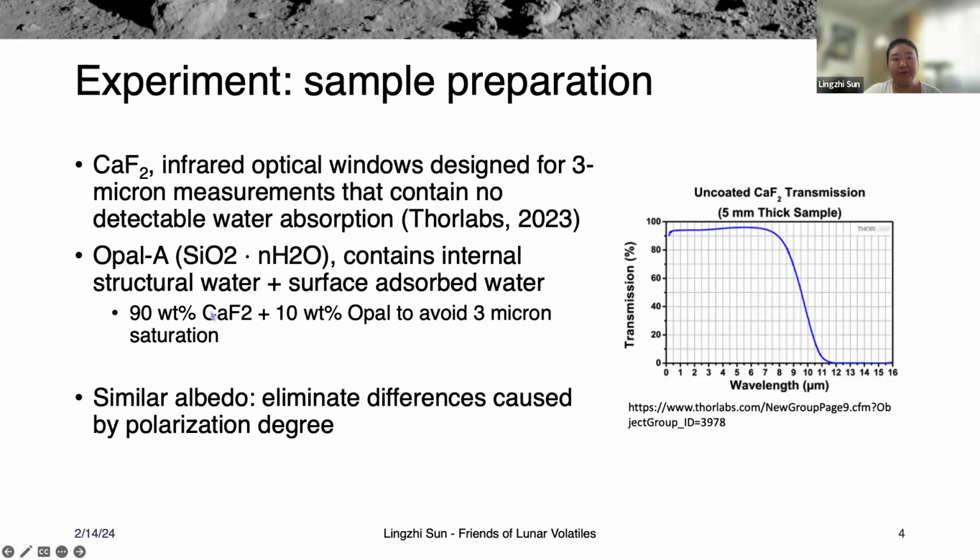But because the water content is a bit too high, around 3 to 15%, we diluted this sample with calcium fluoride by adding around 90% calcium fluoride. Another reason we chose these two samples is that their albedos are similar, which will eliminate any difference caused by the difference in polarization degree.